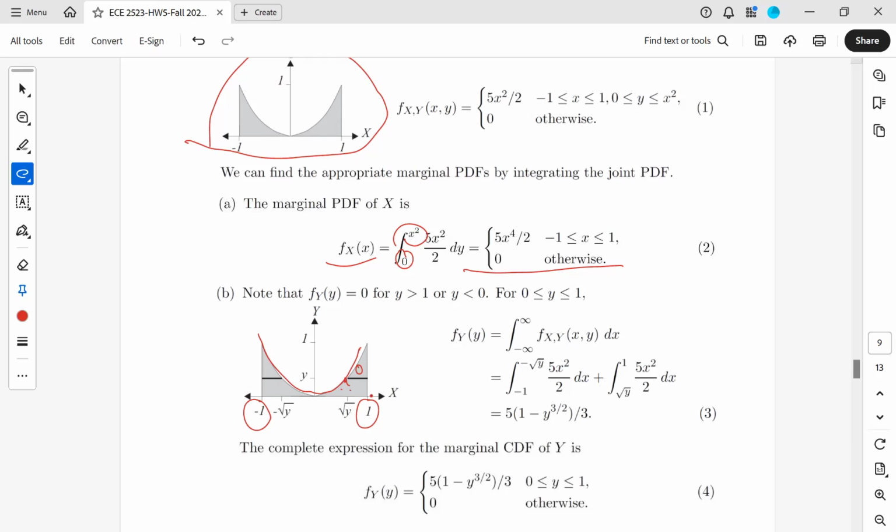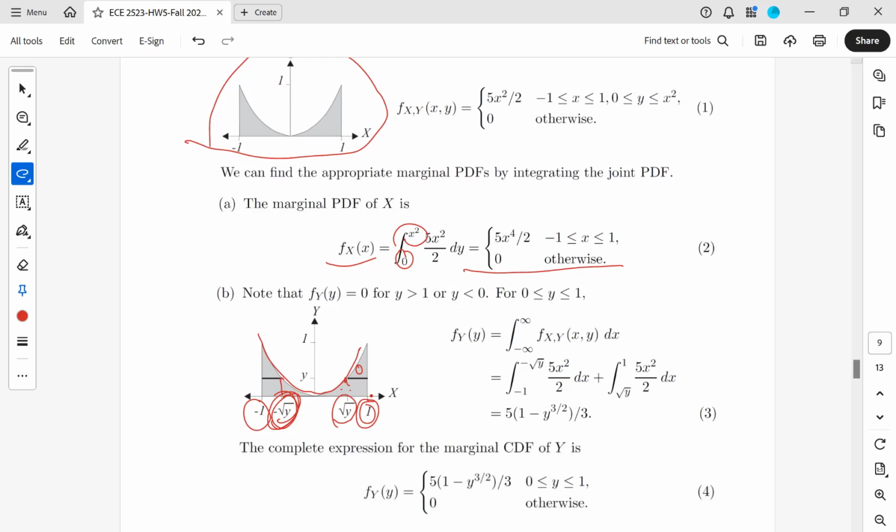For one half of the PDF, x could be any value between -1 and minus the square root of y, and for the other half, it could be from the square root of y to +1. Is that clear how we get to this conclusion?